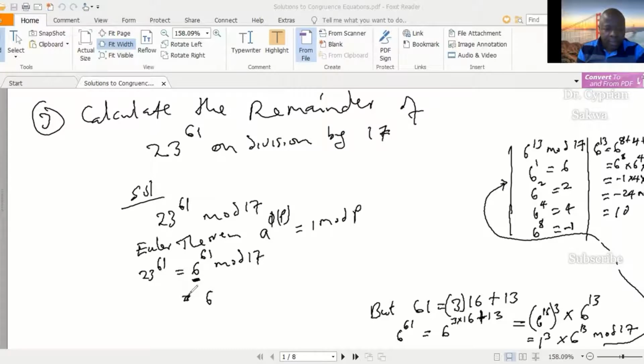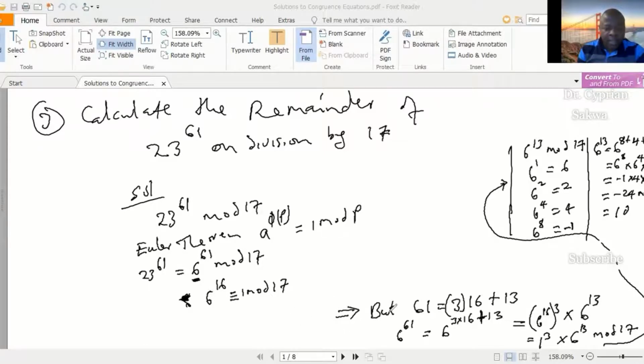Euler's theorem says that a^φ(17), that is a^16, is congruent to 1 mod 17. But what I have is a power of 61. So I continue from here.